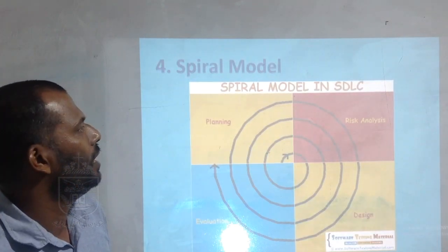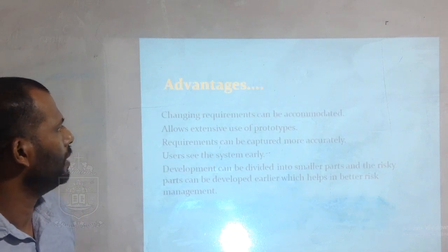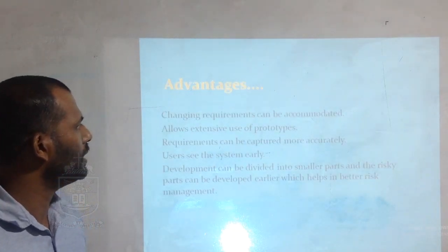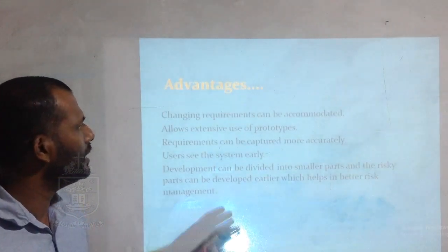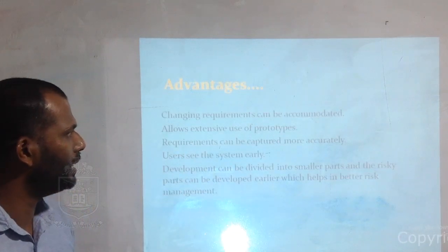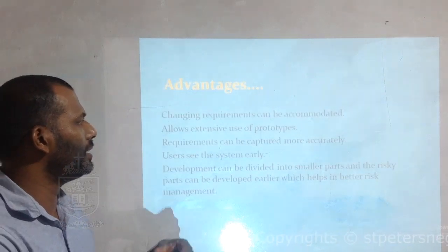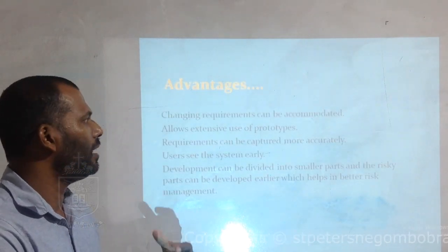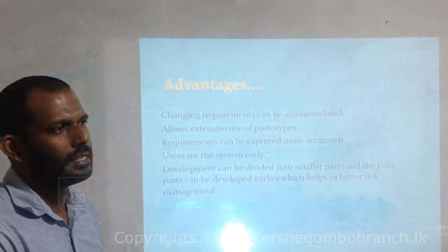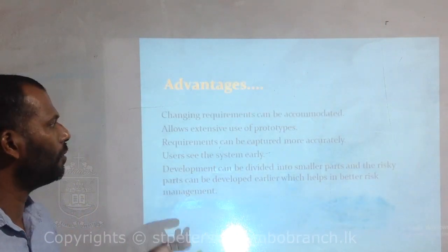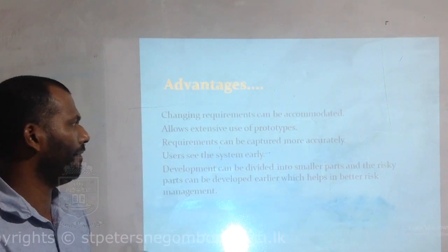Changing requirements can be accommodated, and each and every time the product and requirements can be changed. Then the risk is very high. Therefore, we use this type of model for very risky work.